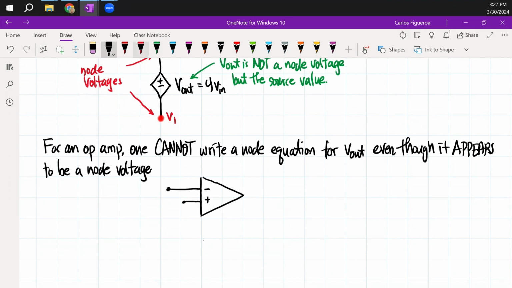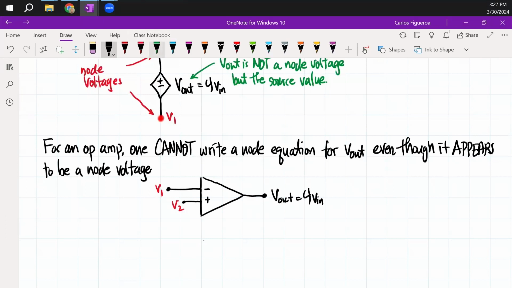This one right here is V1, V2. And when you look at this one, you're going like, hey, this is V out. And this one, of course, is V in.